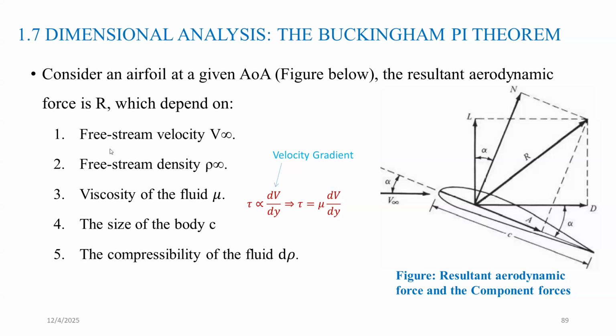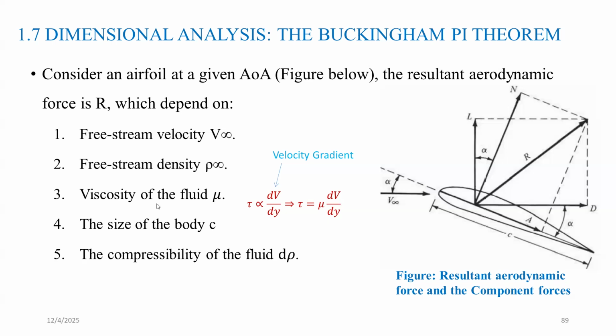This resultant force depends on several factors. One is the free stream velocity, including its direction. The free stream density is the density in which our aircraft is flying, which may be at some altitude or at sea level. Again, the viscosity of the fluid: our fluid is air, and the viscosity of air is already known.